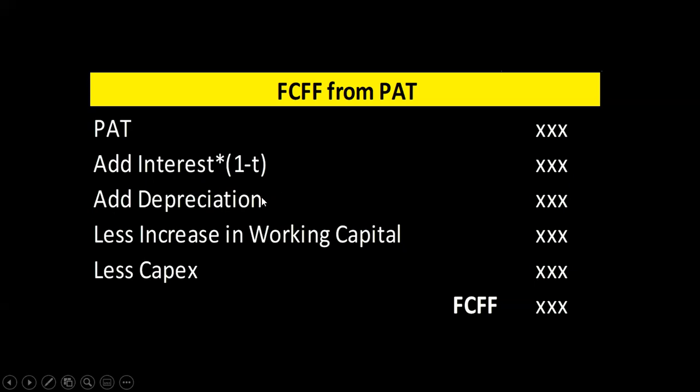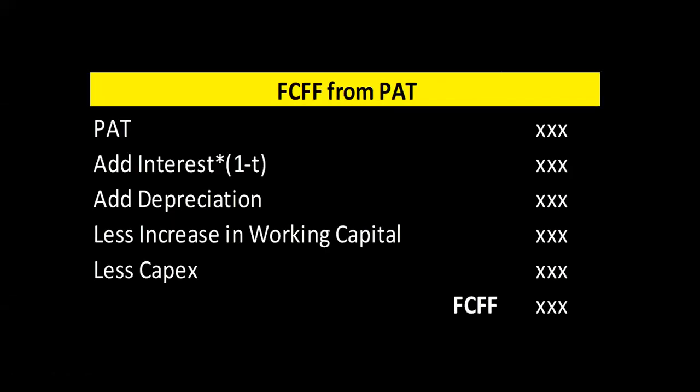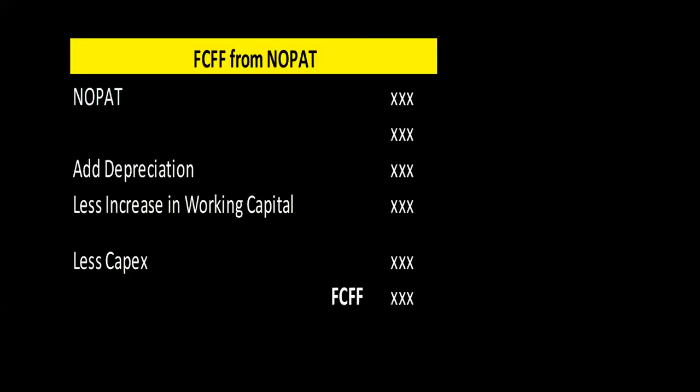Then add depreciation and amortization for non-cash items, adjust for changes in the working capital, less increase in working capital, add decrease in working capital, and less CAPEX. This will give you the same amount of FCF, whether you are calculating from EBIT or from PAT. The amount of free cash flows is the same.